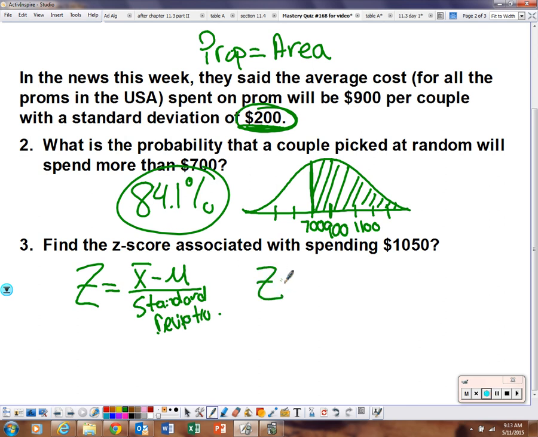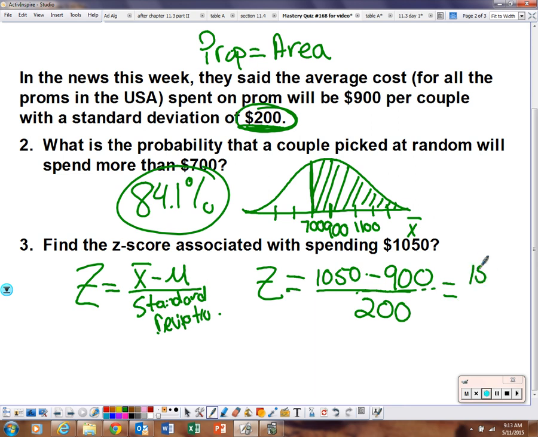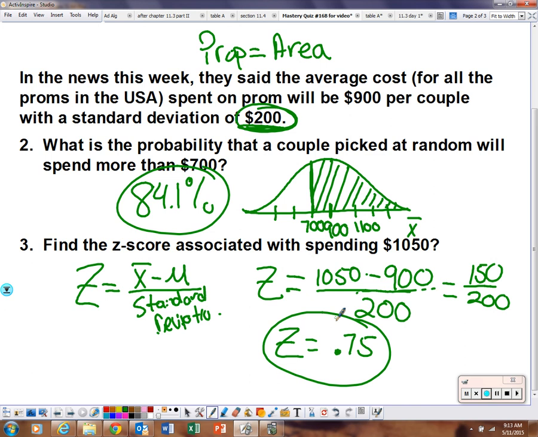So z equals, this is considered our x bar, so 1,050, minus the mean, which is 900, divided by 200, equals. All right, so 1,050 minus 900 gives us 150, divided by 200, and we get a z-score of 0.75. That's all that's asking. Find your z-score. You're done.